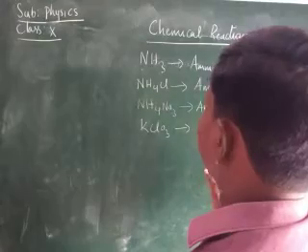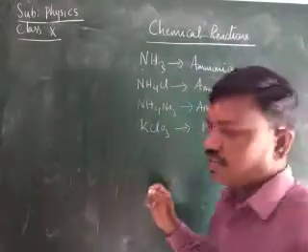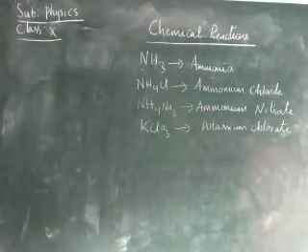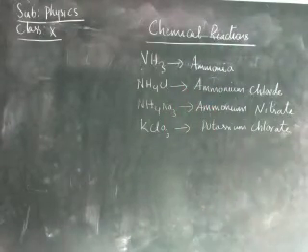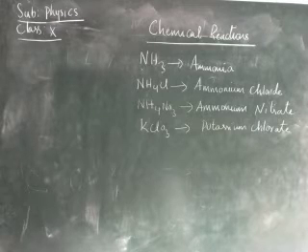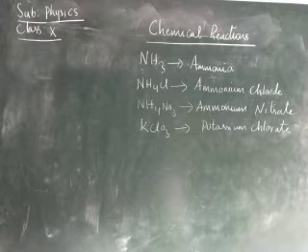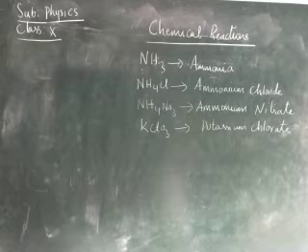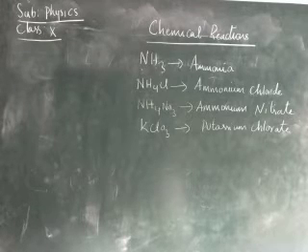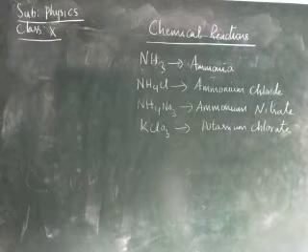Okay, children, these are the formulae which are given in this chapter. You should make a note of all the formulae and learn them compulsorily. NH3, ammonia. NH4Cl, ammonium chloride. NH4NO3, ammonium nitrate. KClO3, potassium chlorate.